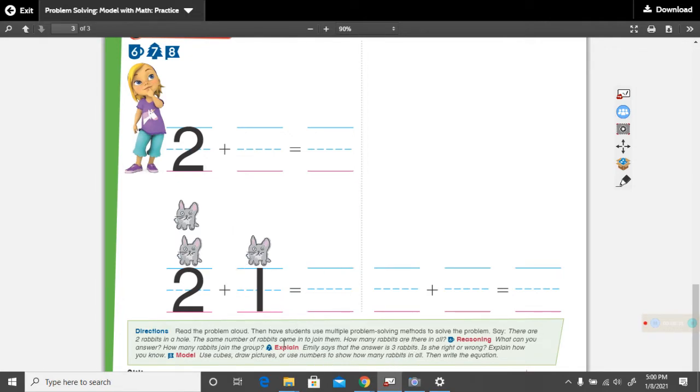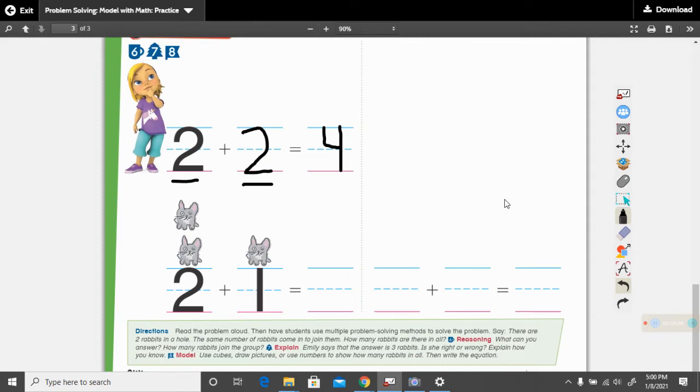The same number of rabbits come in to join them. So it would be 2 plus 2 is 4. Because there were 2 rabbits in the hole, the same number came and joined them, so 2 more had to come join them. So there's 4 in all.